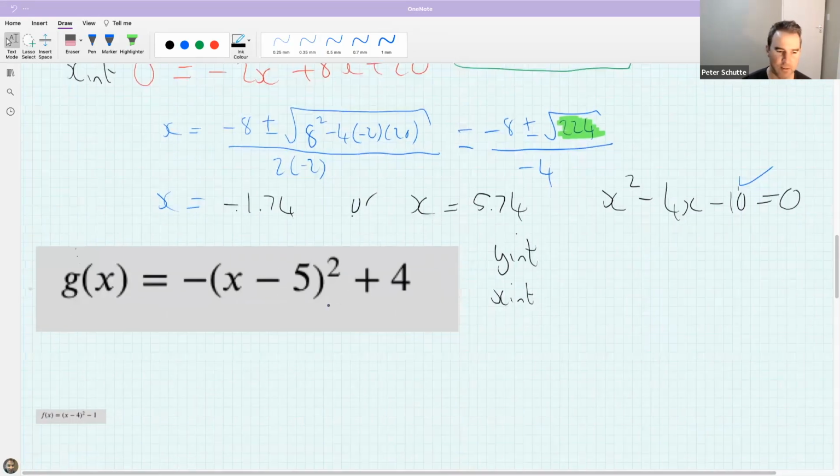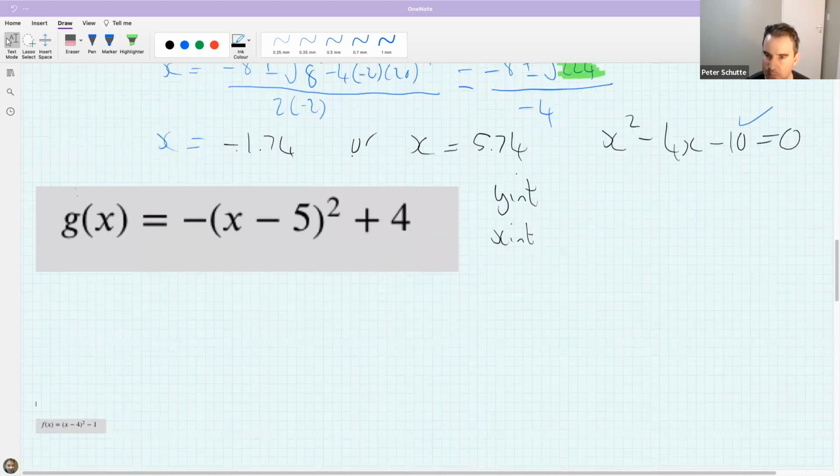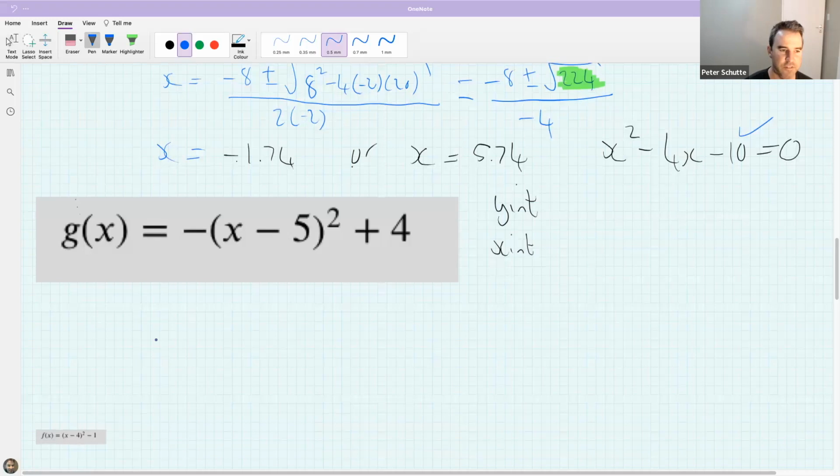Okay, let's find the y-intercept and x-intercept. Now, this is written in alternate form, so we have to be a little bit careful. To find the y-intercept, I make x naught. So I go naught minus 5 squared plus 4.